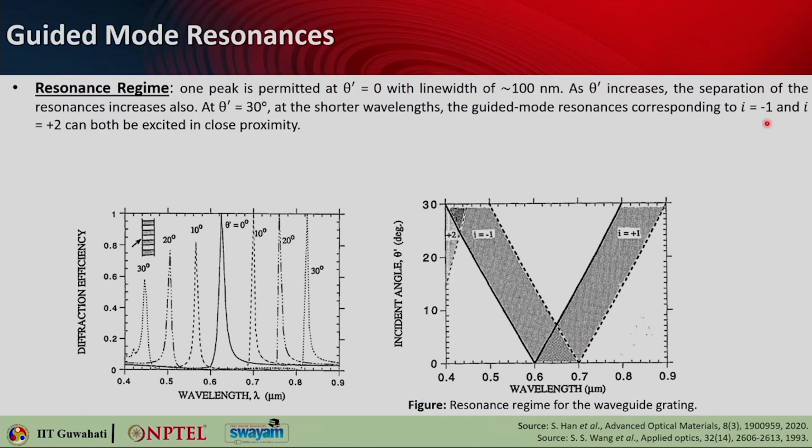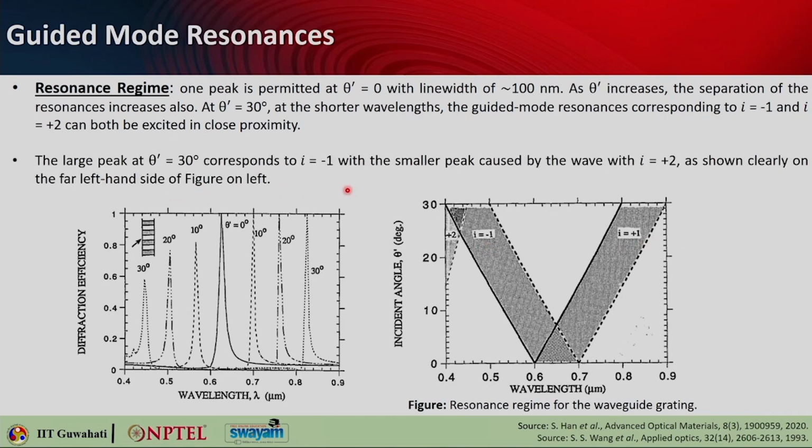Here you can see that we have calculated for I equals plus 1 and minus 1. Okay. And there is a large peak corresponding to I equals minus 1, with smaller peaks happening at I equals plus 2. Okay, because there is a case here corresponding to 30. Here you can see this is the case for theta prime equals 30 degrees, which corresponds to your plus 2.